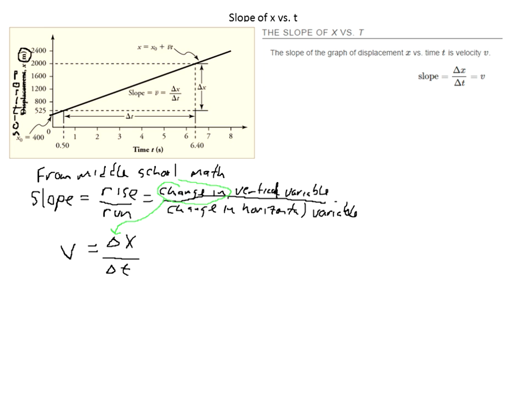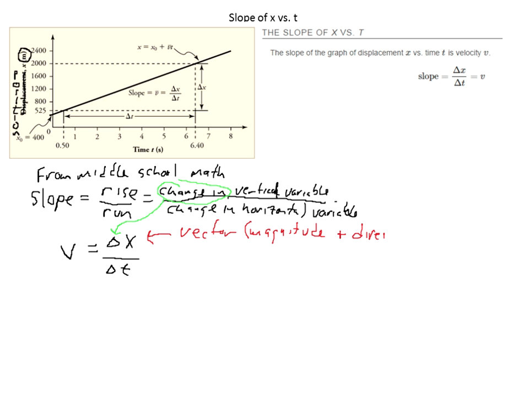Displacement, remember, is a vector. So it has a magnitude and a direction. Magnitude is really just another name for size. So remember, magnitude matters.